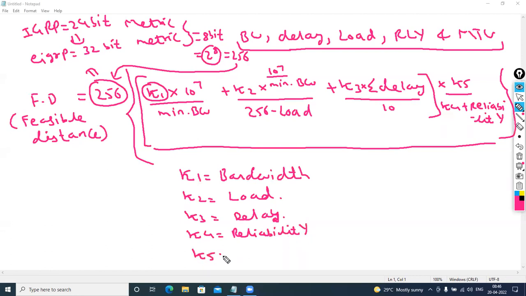And K5 is MTU. So these are the K values. By default, we use K1 and K3. So load is kept as 0, reliability is kept as 0, and MTU is kept as 0. Sorry, it is not 3, it is 1.